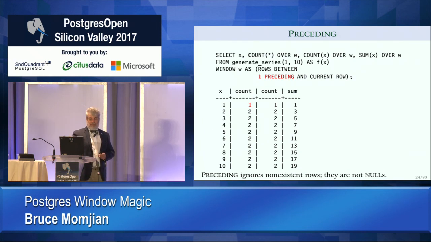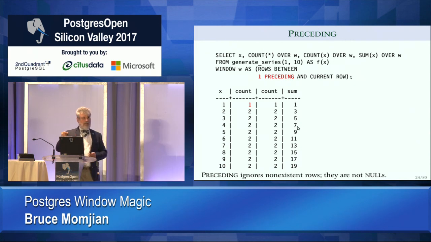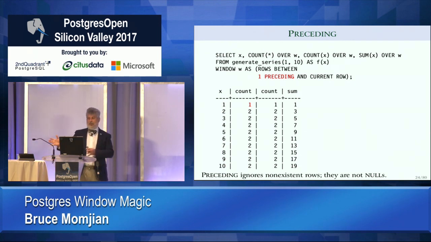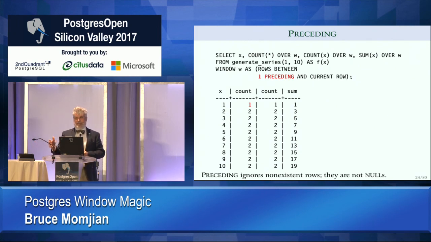This 5 right here, I guess I can point at stuff, can't I? Yeah. So this 5 right here is 3 plus 2. This 7 is 4 plus 3, and so forth all the way down. Because I'm in rows mode, and I've said one preceding to the current row. Okay, does that make sense?